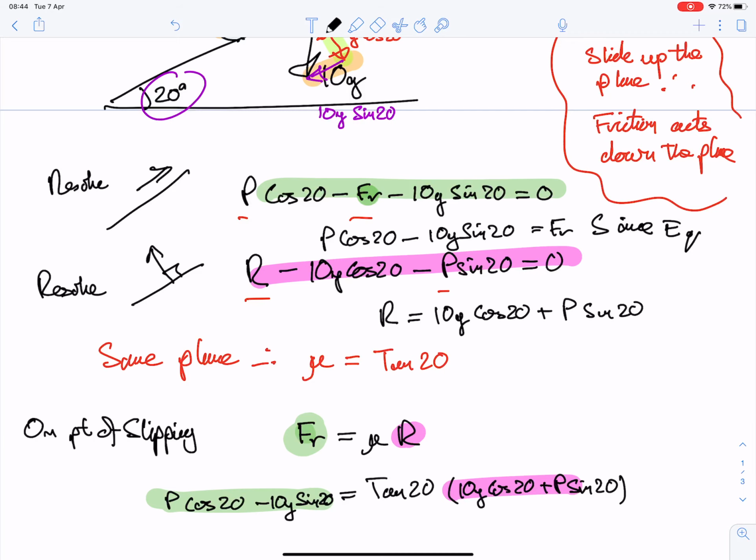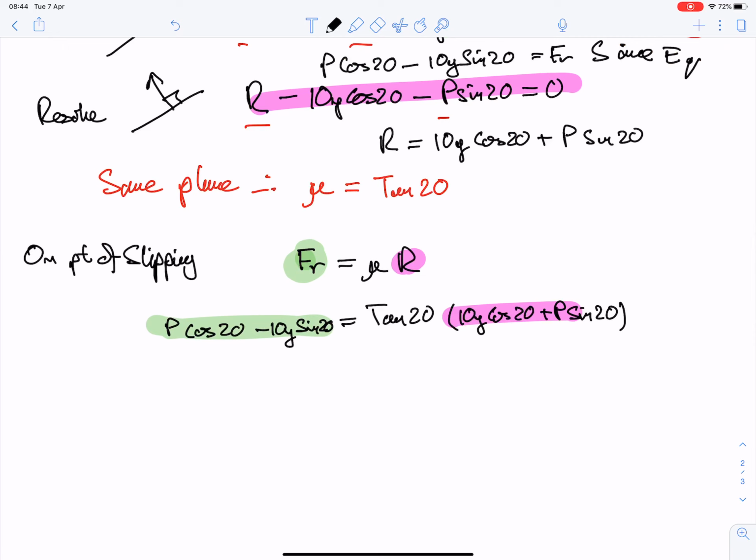Okay, now just like the last time, we need all the terms of P on one side and everything else onto the other. So we can expand this: P sine 20 tan 20 plus 10g cos 20 tan 20.